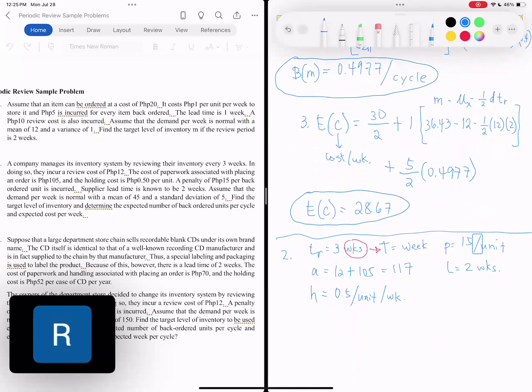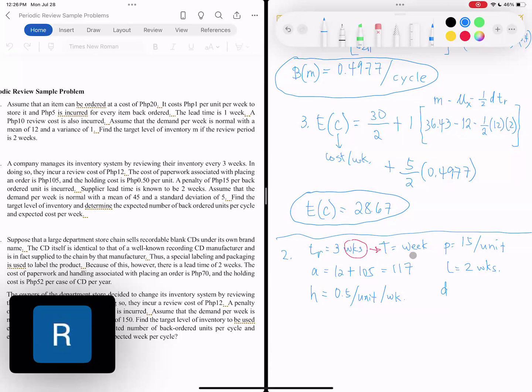But here, X is the demand during lead time of 2 weeks, but the demand here is given as per week. So therefore, the definition of D is the expected demand per T, which in this case is per week.